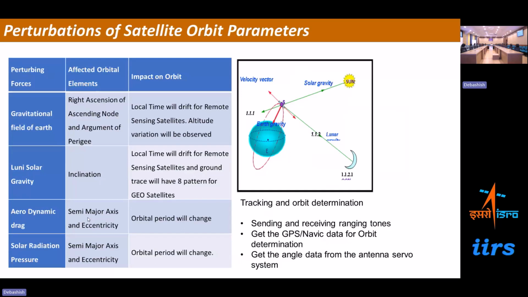They are the major sources of perturbation, which will not keep your satellite in a particular place. It will try to decay the orbit. So periodically you have to do an orbit maneuver to put it back in our mission orbit, or the science orbit. So these are all the perturbations that are happening.